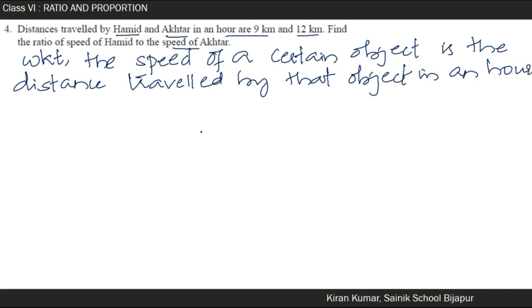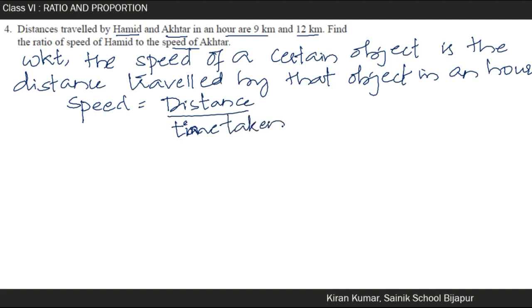So distance upon the time taken is called speed. So that is what is mentioned here. You may also think of speed as distance upon the time taken. Here the distance is in terms of kilometer and the time taken is per hour.